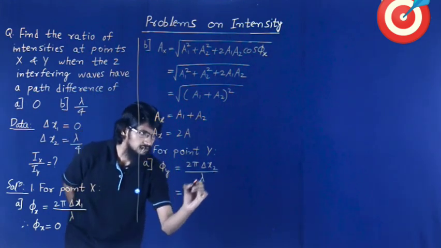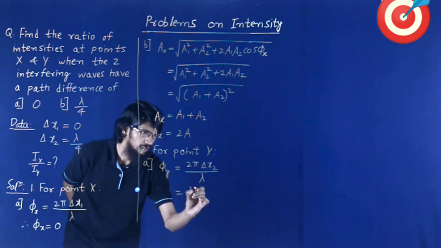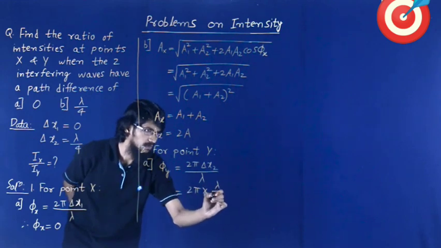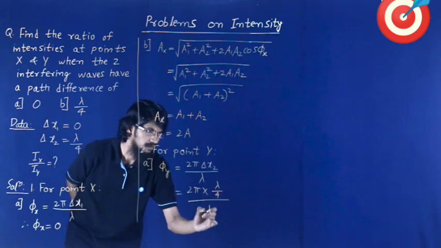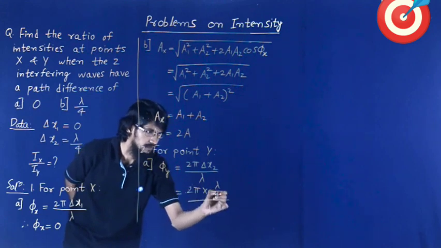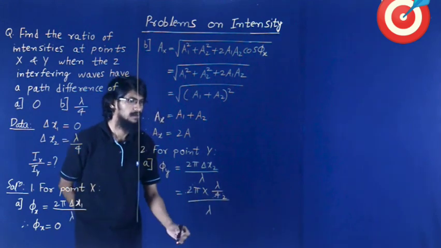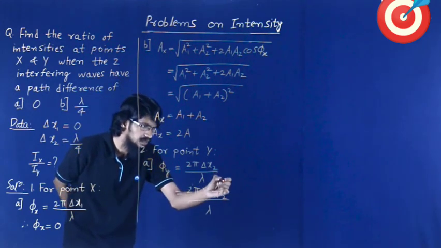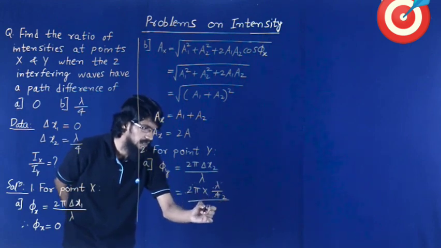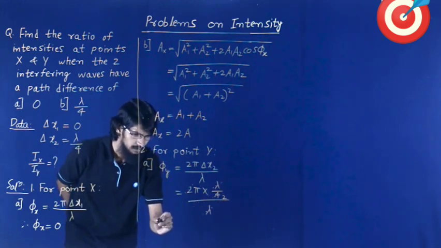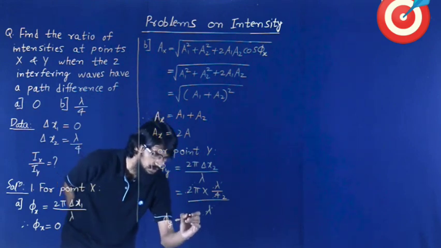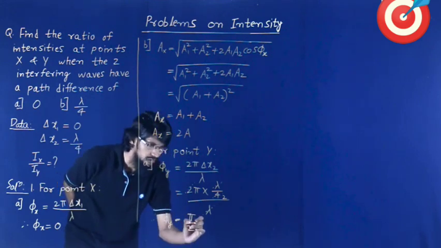Now this value is given as lambda by 4, so 2 pi into lambda by 4 divided by lambda. So this 2 and this 4 will be cancelled, and lambda and lambda will be cancelled, so we will be left with phi, that is phase difference at point y, is equal to pi by 2.